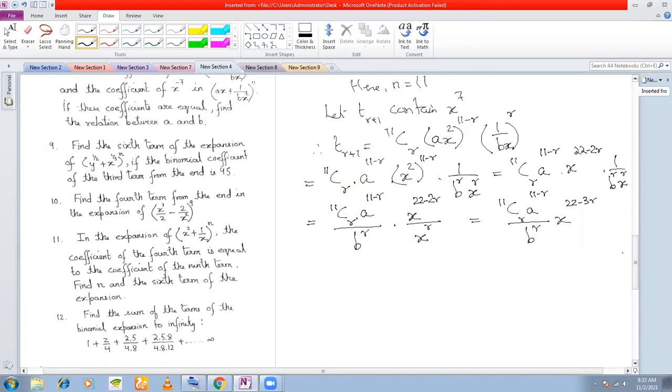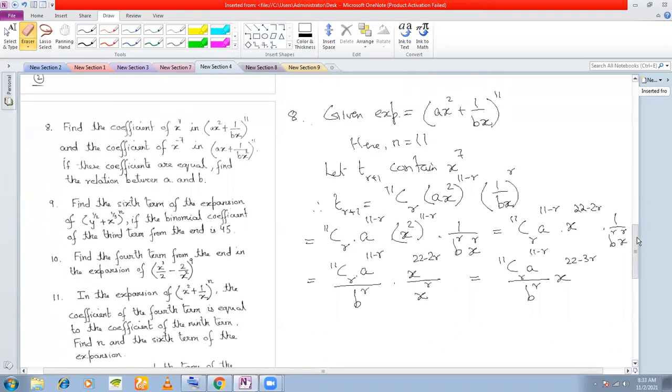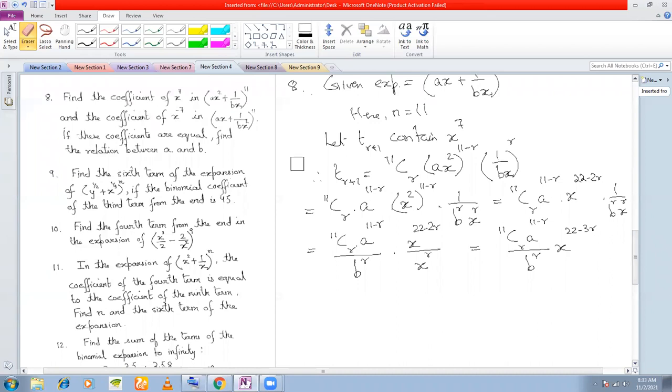Right? So we managed to separate x. So what is the coefficient of x to the power of 22 minus 3r? This is the coefficient, right? Okay. So we have found this term which contains x to the power of something. Now if this term contains x to the power of 7, therefore x to the power of 22 minus 3r is equal to x to the power of 7.